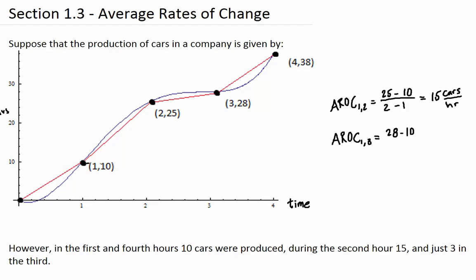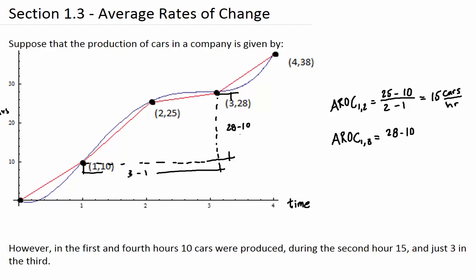That gives you the total increase in number of cars, this distance right here, in the span of time between hours 1 and 3. So this would be 28 minus 10. And then the time that passed would be 3 minus 1. So it would be 2 hours.